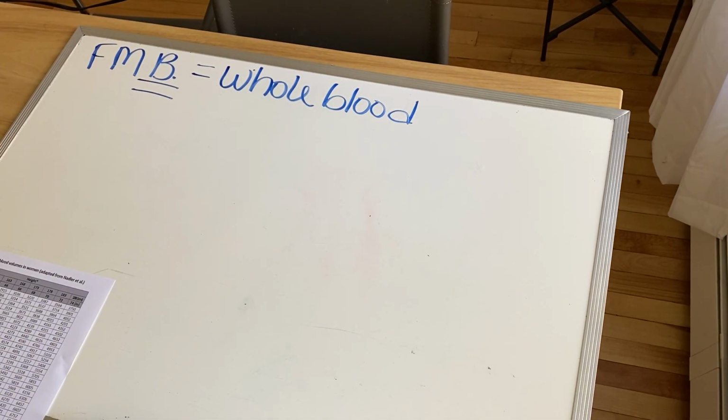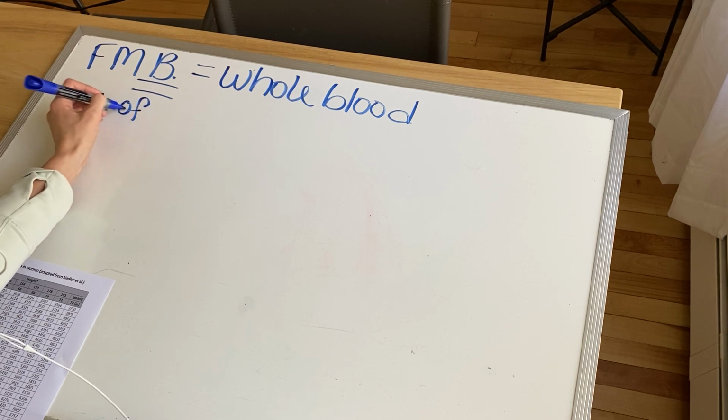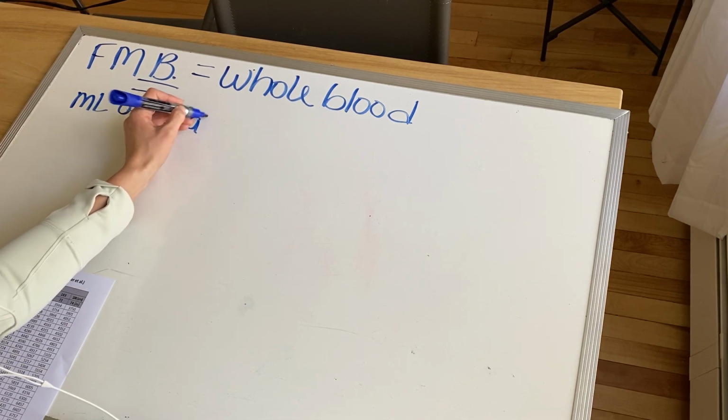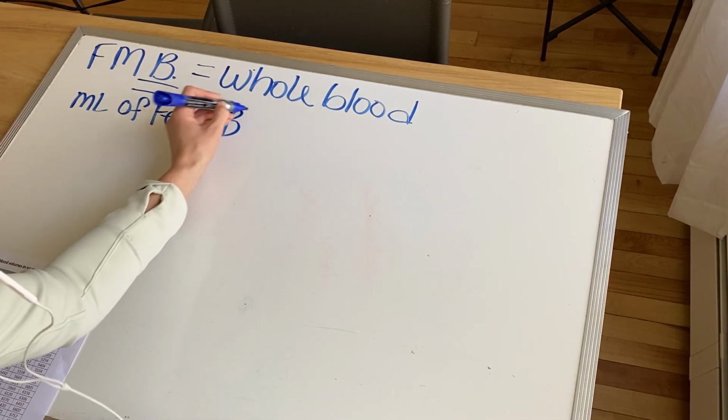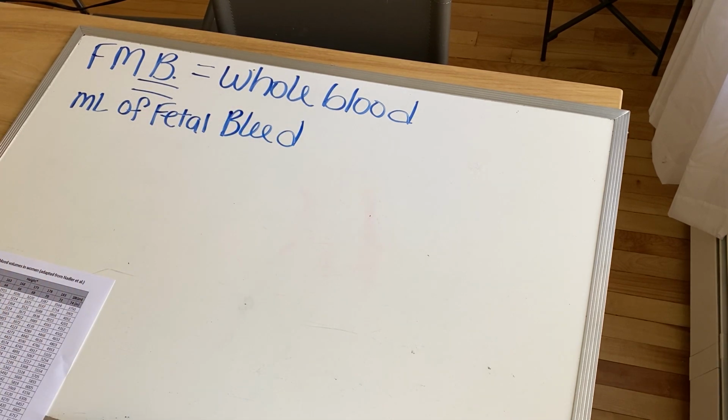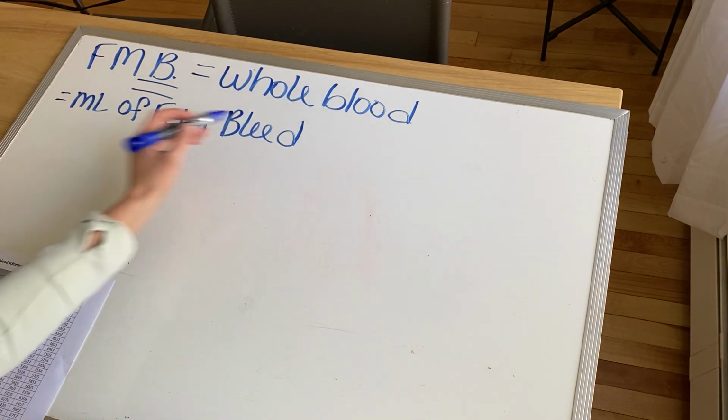So the feto-maternal bleed, and if it's a bleed, we consider it whole blood. And the way we calculate the full fetal-maternal bleed, we call it a fetal bleed on that in the PowerPoint. So we're looking for mils of fetal bleed. That's what's on the PowerPoint. It's the same thing. So fetal-maternal bleed is in whole blood.